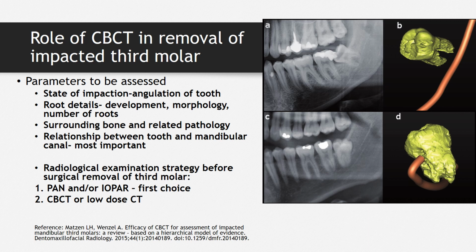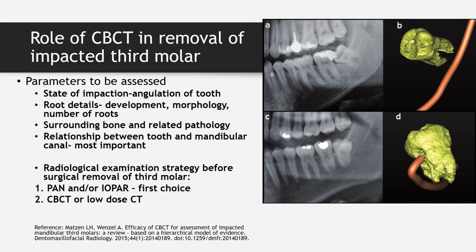Now, the two-dimensional imaging, which is in A and C, allows you to fairly guess how close the tooth is to the root, or what is the involvement of the mandibular canal and the root. But only when you do a three-dimensional imaging, it actually gives you a very clear picture as to how close it is to the root and how close it is to the tooth or the crown.